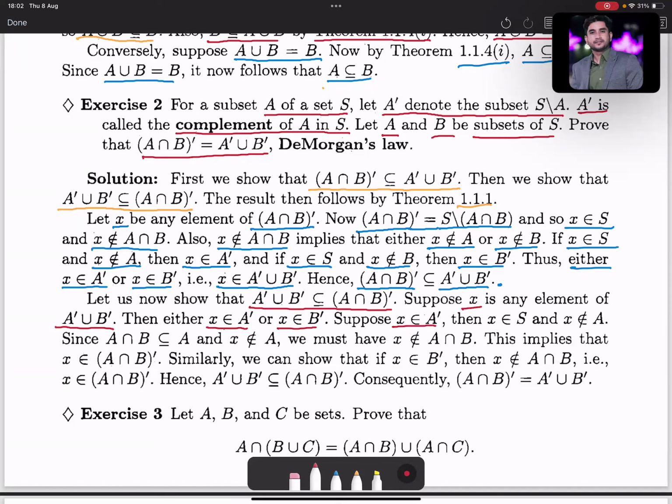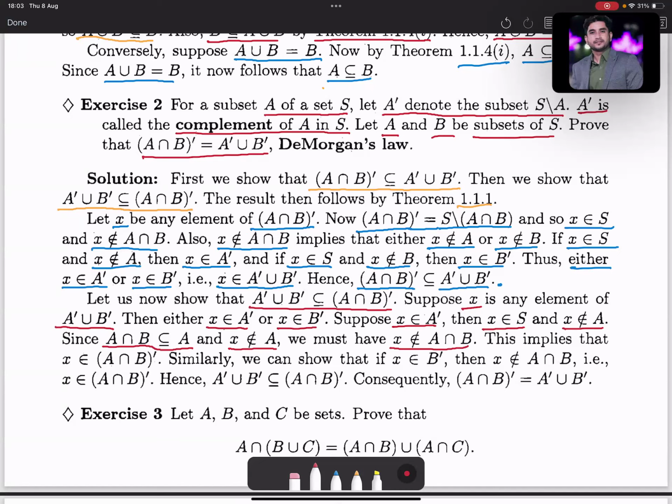That means x is inside S, not inside A. Since the intersection is contained in A by Theorem 1.1, part 2, and x is not inside A, then it can't be inside the intersection.